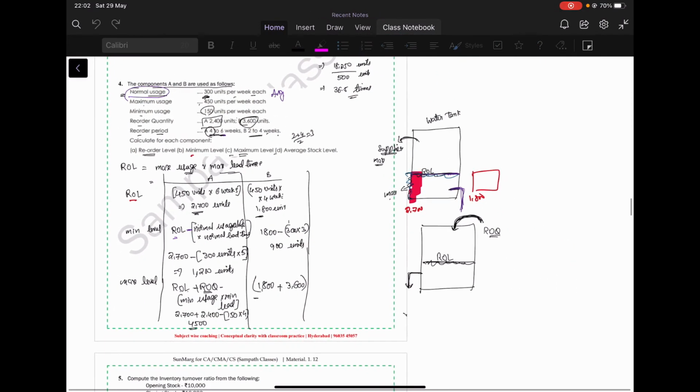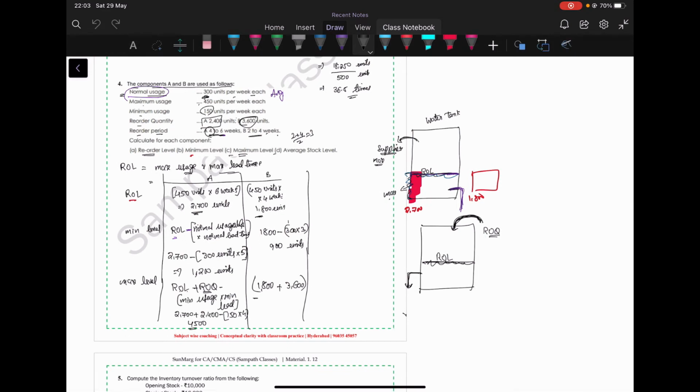Minimum consumption 150 units into minimum lead time for the B, 2. 2 into 150 is nothing but 300. You write somewhere 1800 plus 3600 minus 300 is nothing but 5100 units. So 5100 units is the maximum level for the product B.